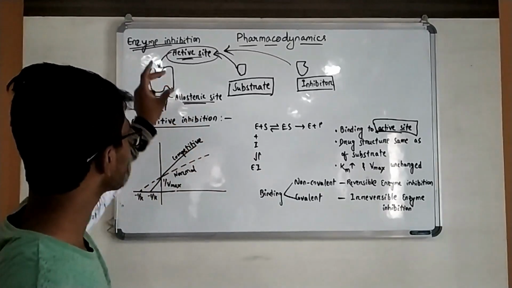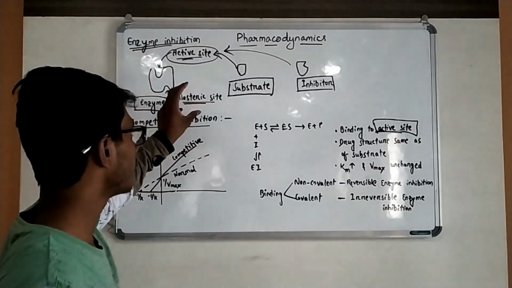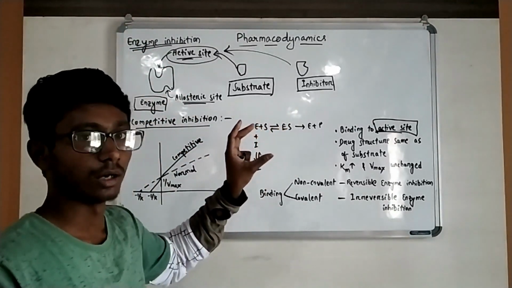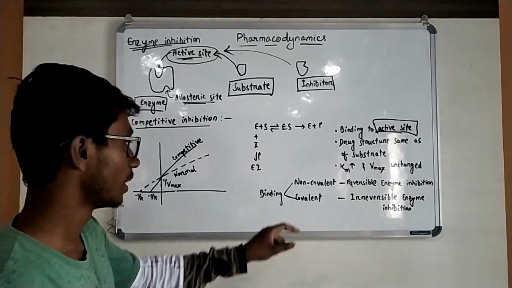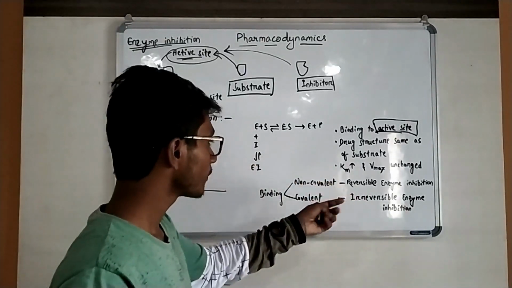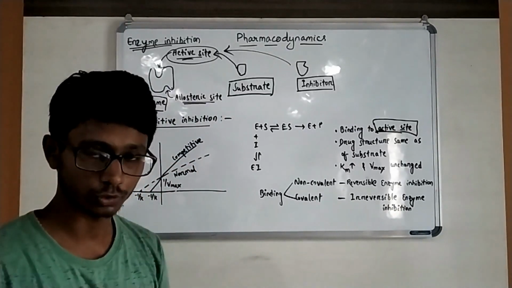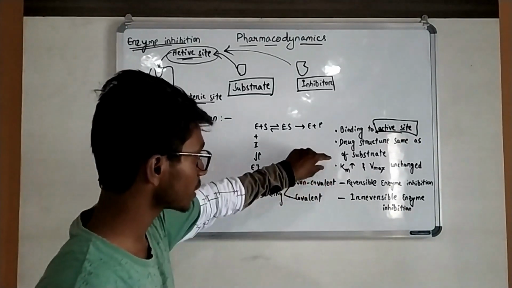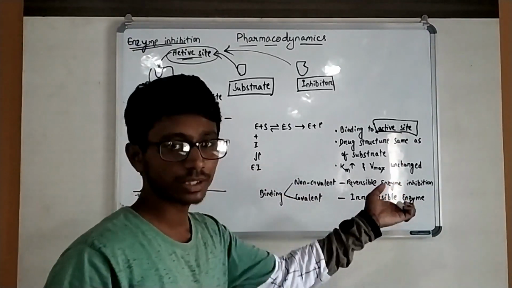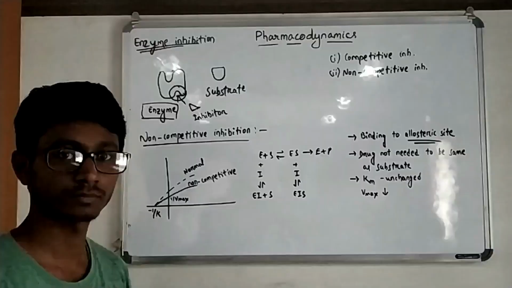So if it fits to our active site, then only this will happen. Otherwise, our enzyme inhibition won't happen. So as I told, more substrate is needed to displace the inhibitor. So that's why our Km increases and Vmax remains unchanged.